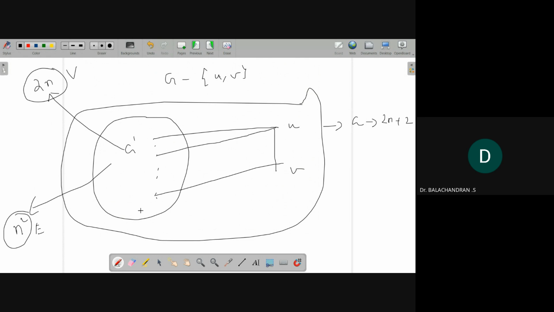We have 2n vertices in G dash, so totally at most 2n edges between G dash and u, v. Here u v is one edge. So the maximum number of edges is less than or equal to n square plus 2n plus this edge 1.